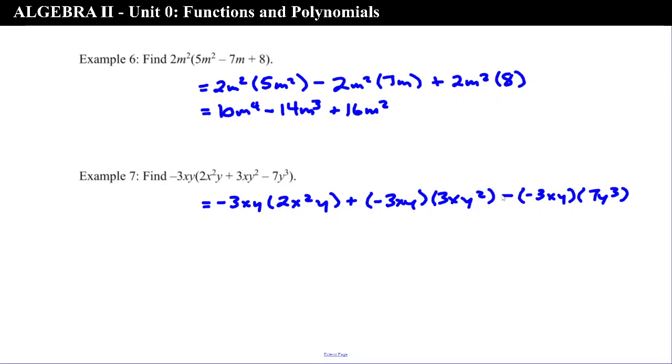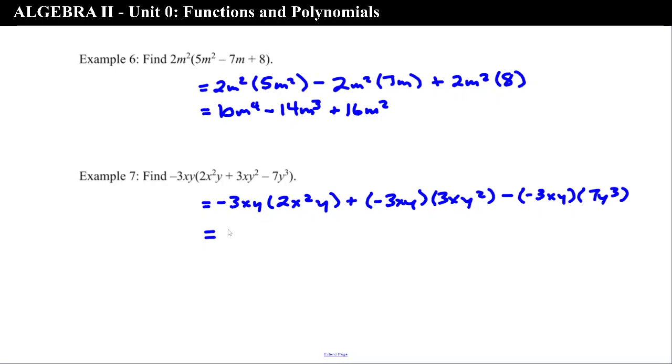It could be very easy to just do minus 3xy here, but we're subtracting because that's our operation in front of the 7y cubed. And then we have a negative in front of the 3xy. So you have a negative and a negative here, which will end up being positive, but it's important that you don't lose track of what you have so you end up with the correct operation in your final answer.